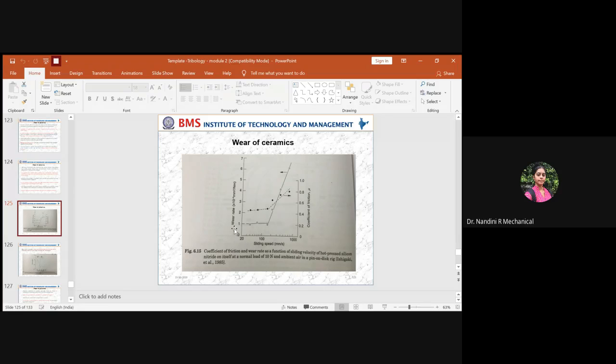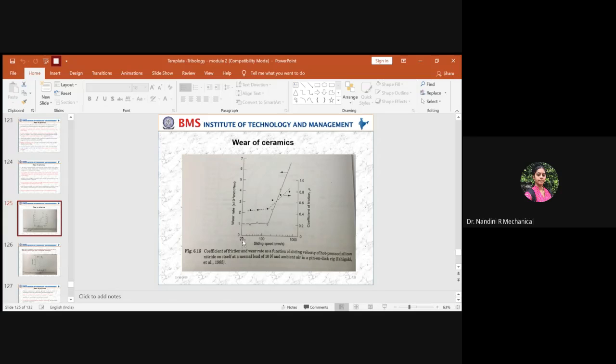So you can see the two graphs here. The dotted line is for the coefficient of friction, and the continuous line, drawn with the direction towards the left, shows the values for the wear rate. What happens here is that with the sliding speed, the coefficient of friction is also increasing. With the increase in sliding speed, the coefficient of friction gradually increases, but it is not enhanced in the initial state.